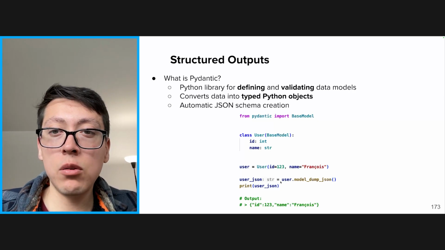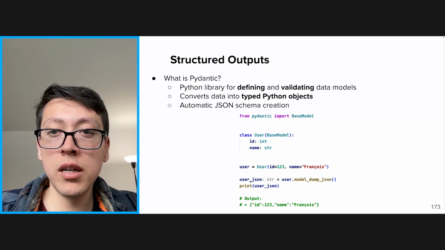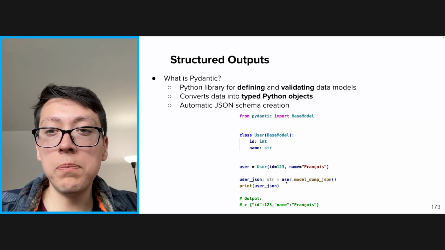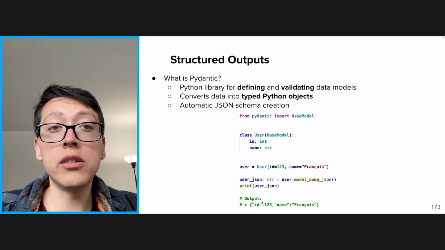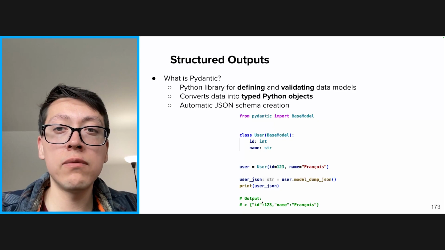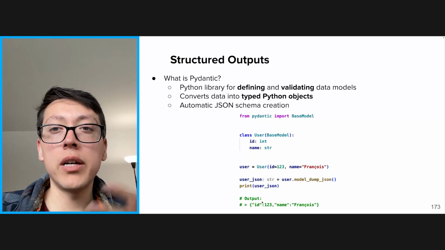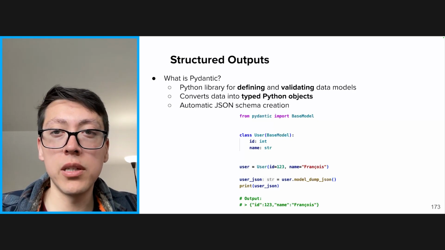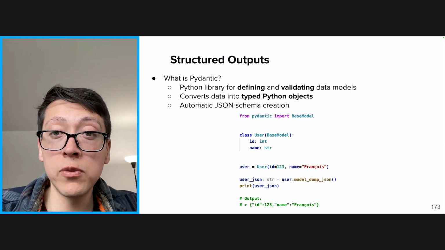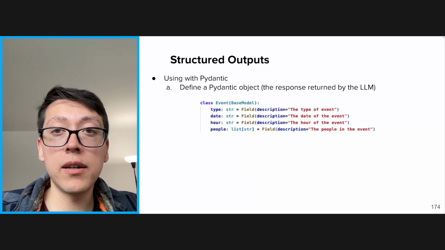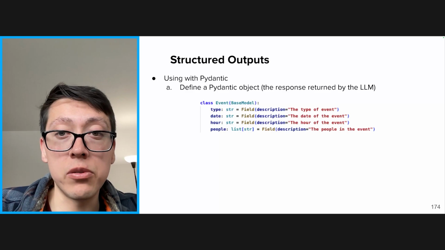Then when we create this class, this user, we can then use the Pydantic library model dump JSON to create the JSON representation of an object or a base model. So this is going to be very useful for defining the LLM answers.